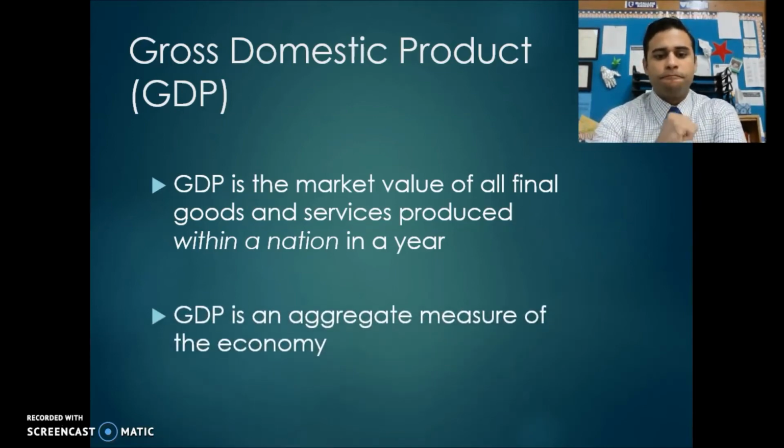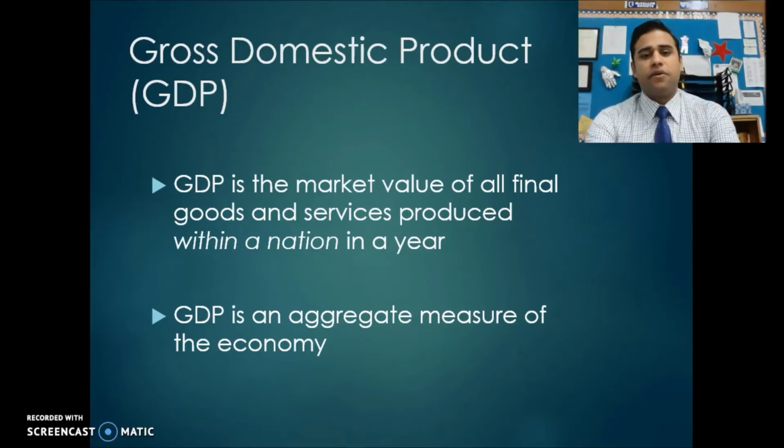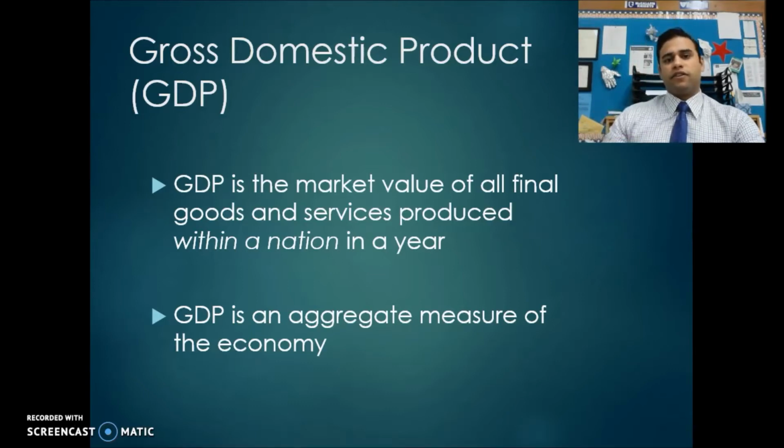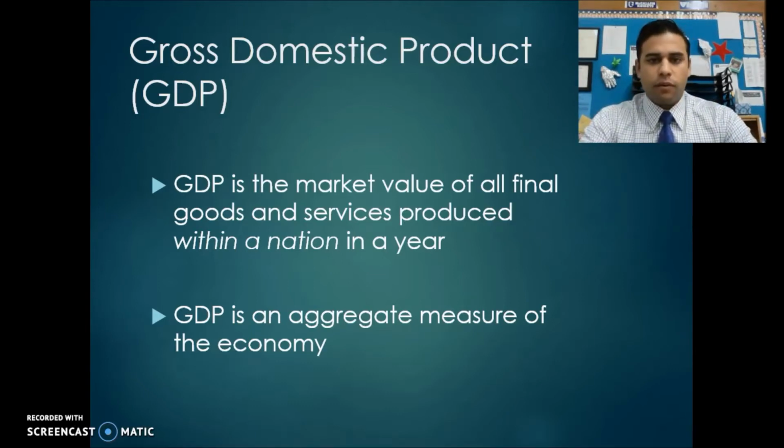Let's move on. We use GDP as the aggregate measure of the economy. I want to take a moment to explain the word aggregate, just in case you don't know it already. Aggregate is a word that means including everything. I'll use it in a sentence for you. What would be the effect of a single snowflake that fell on the street? What effect would that single snowflake have on traffic?